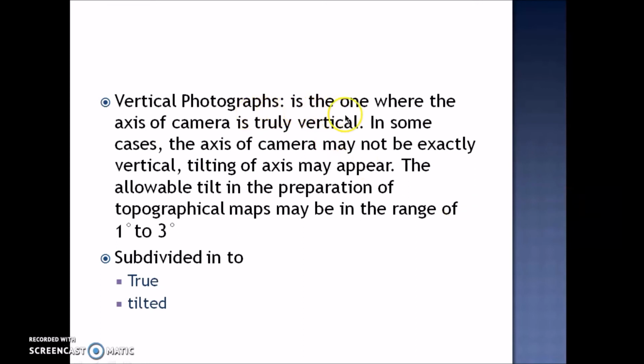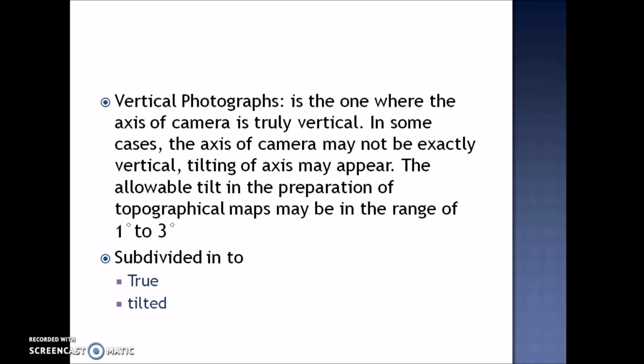Vertical photograph is the one where the axis of the camera is truly vertical. In some cases, the axis of the camera may not be exactly vertical; tilting of the axis may appear. If we are still calling that photograph a vertical photograph, the tilt is allowed only in the range of 1 degree to 3 degrees.